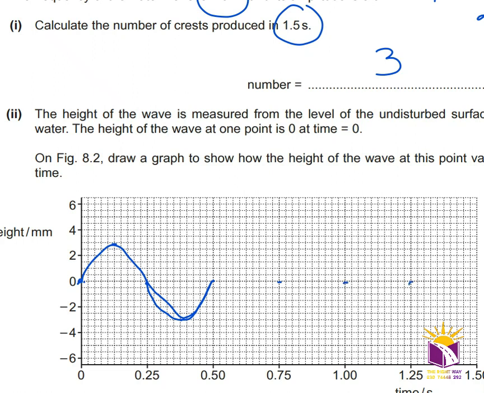Sinusoidal waves are going to be formed and we are getting three waves. Like this one. So it will be just like a sinusoidal wave.